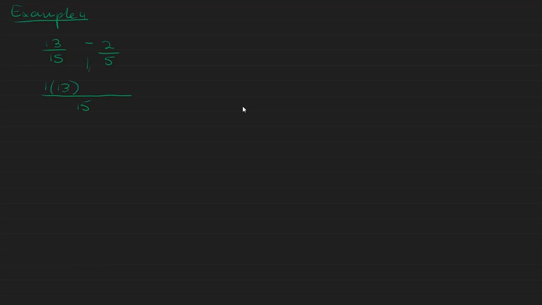Then we bring down the negative sign. Then we do the same thing with the second fraction. So we take the LCM 15 divided by the denominator 5, we get 3. Multiply it by the numerator of the second fraction, which is 2, and we would be able to get that. We expand, we get 13 minus 6 over 15. 13 minus 6 is 10 minus 3, which is 7 over 15.